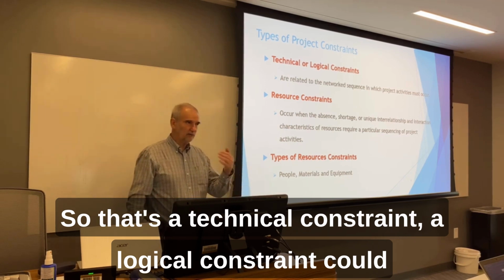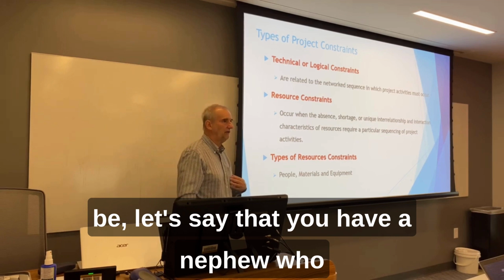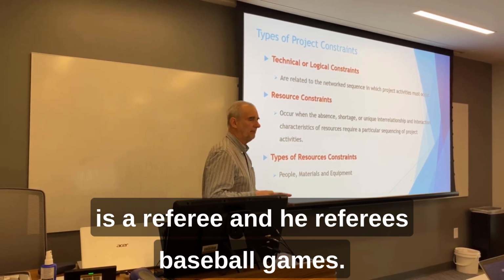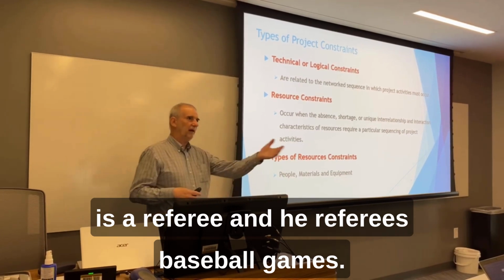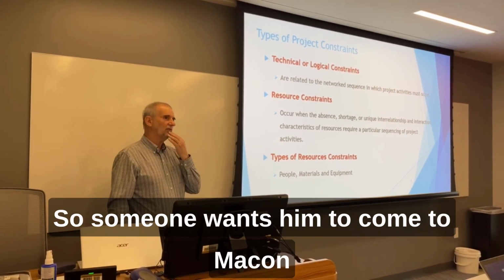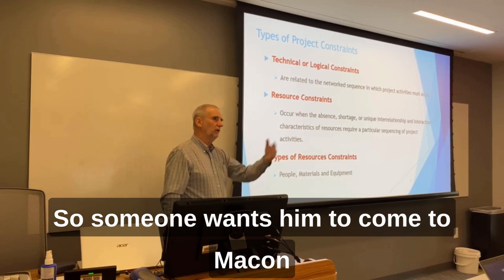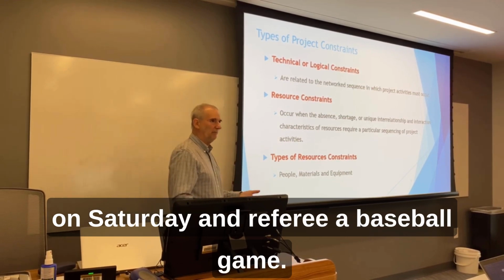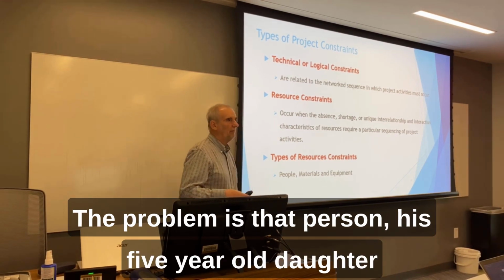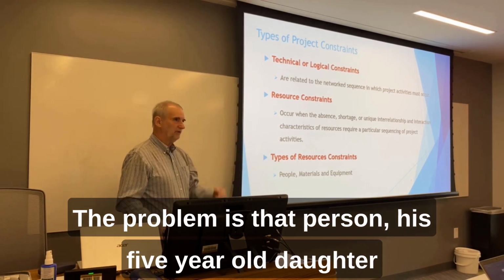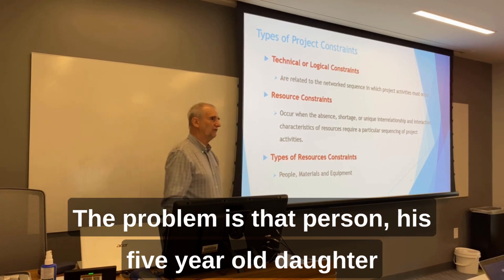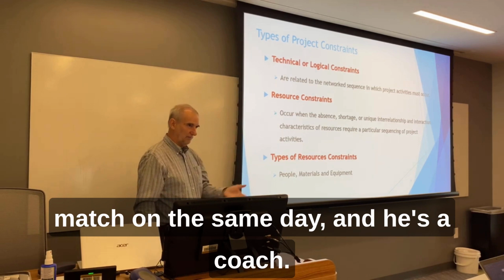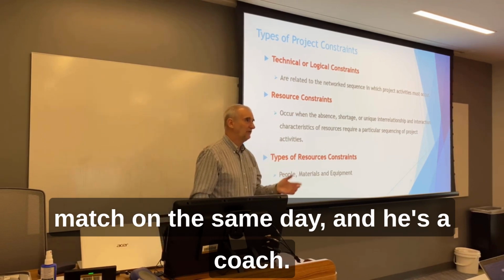A logical constraint could be, let's say that you have a nephew who is a referee, and he referees baseball games. So someone wants him to come to Macon on Saturday and referee a baseball game. The problem is that his 5-year-old daughter is on a soccer team, and they have a soccer match on the same day, and he's the coach.